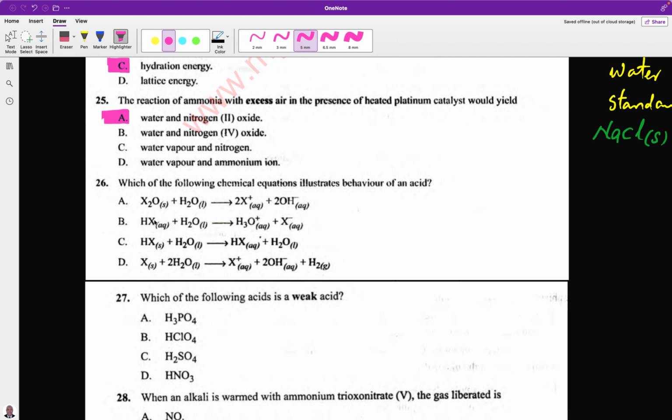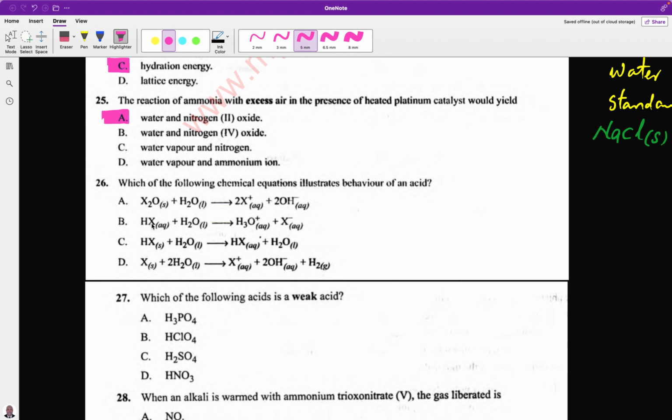If this hydrochloric acid donates its proton, the oxygen here is going to behave as a base because there are two lone pairs of electrons here. The proton will attach itself to the lone pair of electrons. In that case, we say a base is a proton acceptor. Meanwhile, an acid is a proton donor.